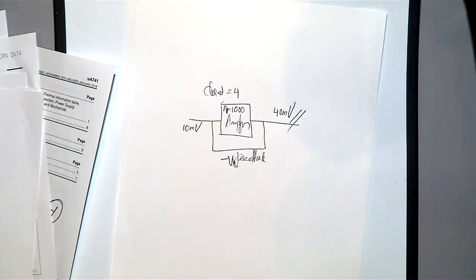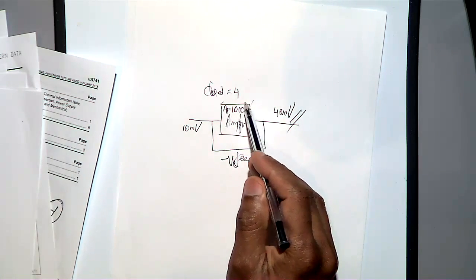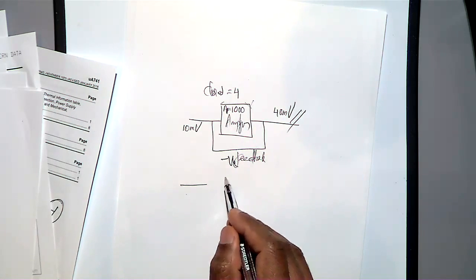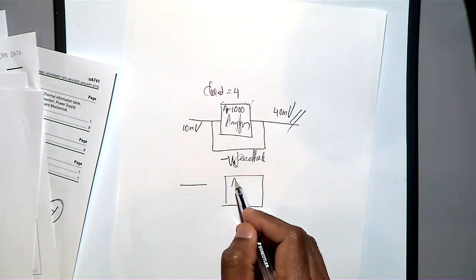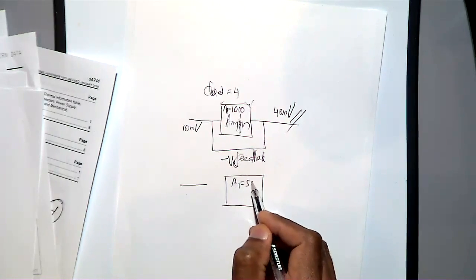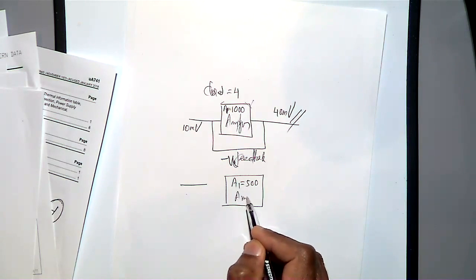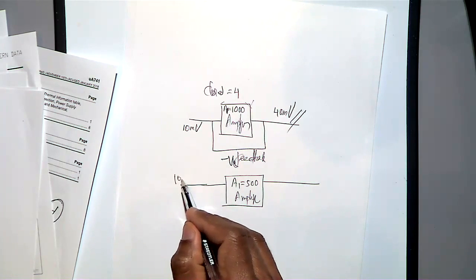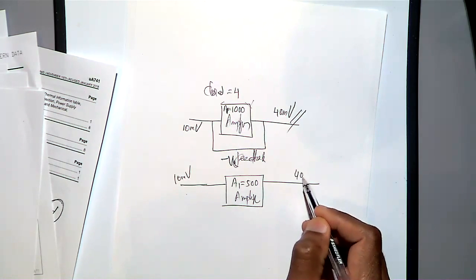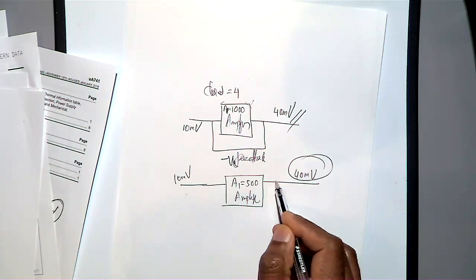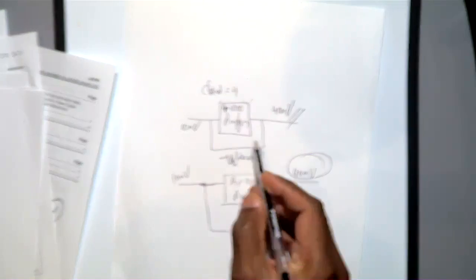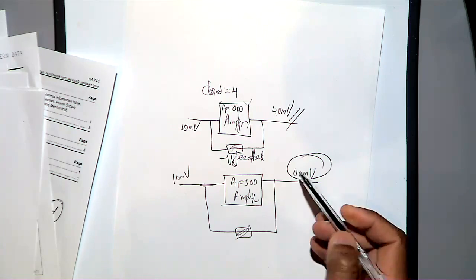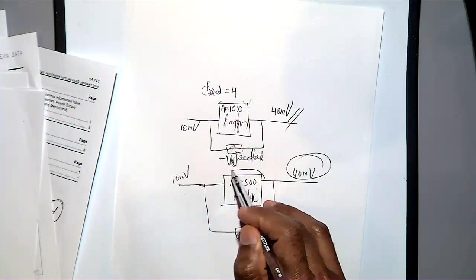Then the question is, suddenly this one got burned, and you replaced this operational amplifier, but this time when you went to the shop, you got only A0 equal to 500. Here you have 10 millivolt, and you need 40 millivolt here, that is the requirement. This may be your feedback loop. You are not going to do anything to the feedback loop, only you replaced this part.